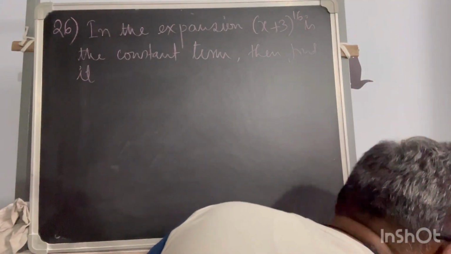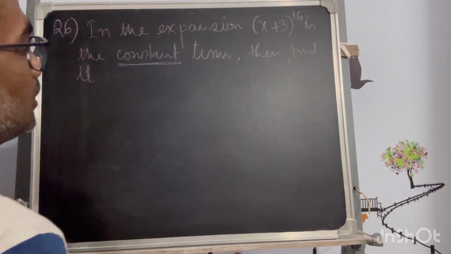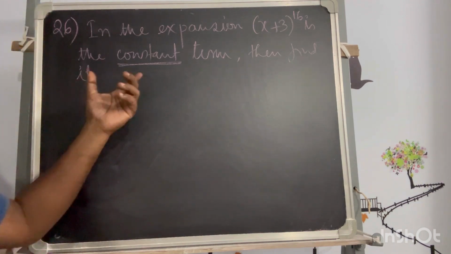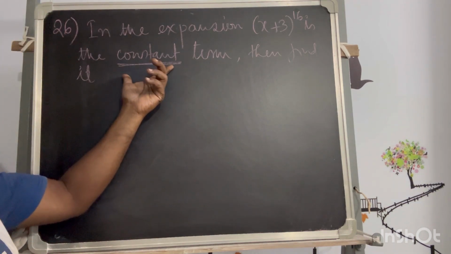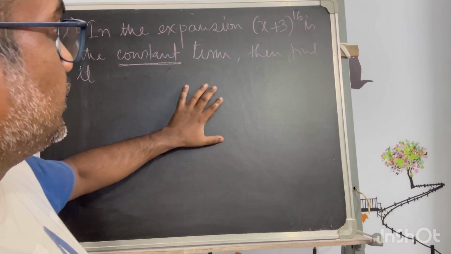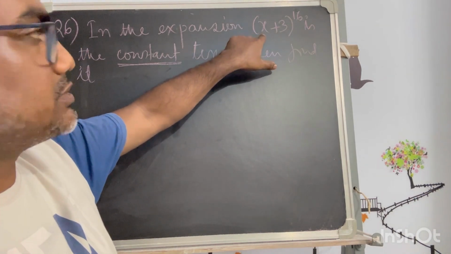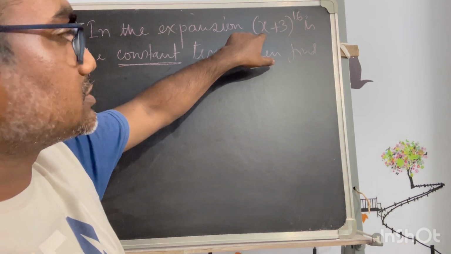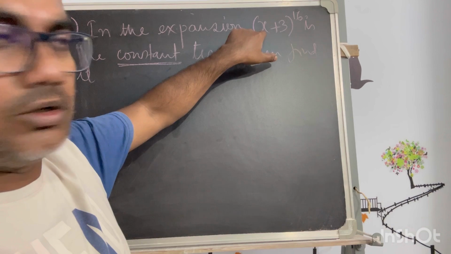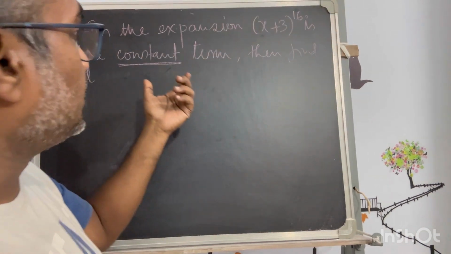So the word constant is pointing towards something. If it is constant, that means if we expand it, we will not get any variable. Constant means the variable x will not be there, which is similar to x being absent or x power being 0. All are the same expression in a different manner.